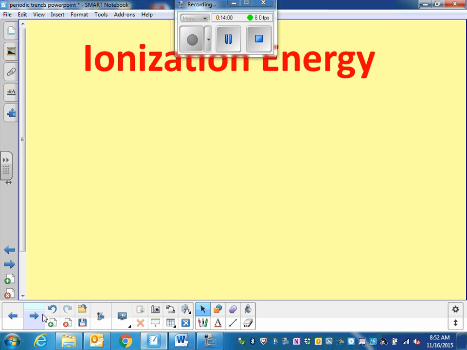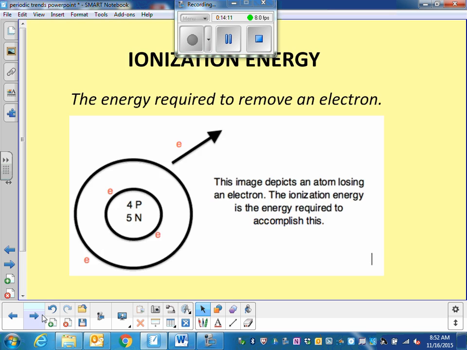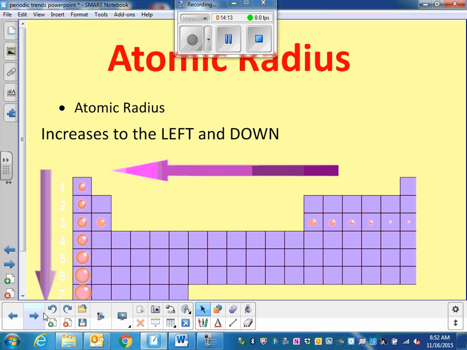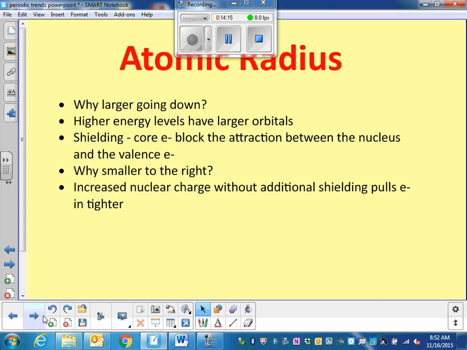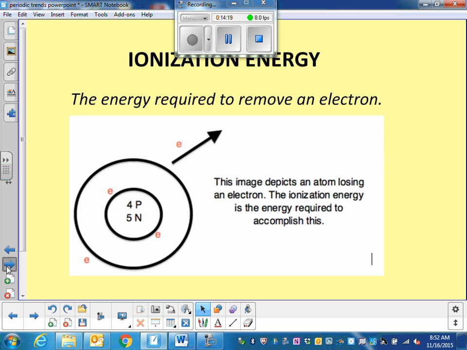Why should we learn ionization energy? Let's think about this. Okay? Now I need you to take out notebook paper and I need you to write with me. Take out notebook paper. We'll go back. Take out notebook paper and write with me.